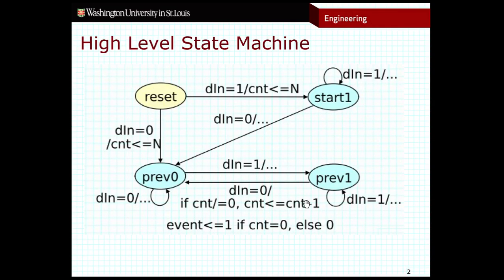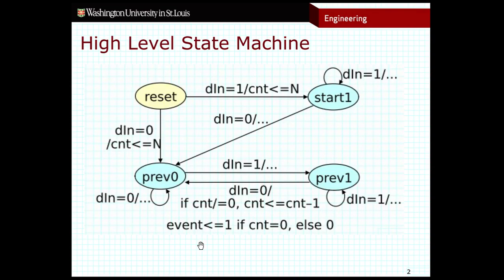So we decrease our counter. So if n is 3, for example, right? dn goes up, and then dn goes down, our counter will now be at 2. Then dn goes up, dn goes down, our counter will now be at 1. And then finally dn goes up, dn goes down, and our counter will be at 0, which means that our event, our output, will now be true in this particular case.